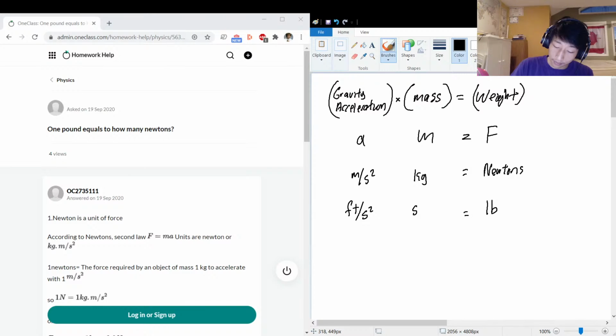I'm not joking. Slug. So if you ever hear someone ask what the mass is and they say slugs, just know that you have to multiply it by feet per second squared to get the pound force of that. The gravity on Earth is 9.8 meters per second squared, and that's equivalent to 32.2 feet per second squared.